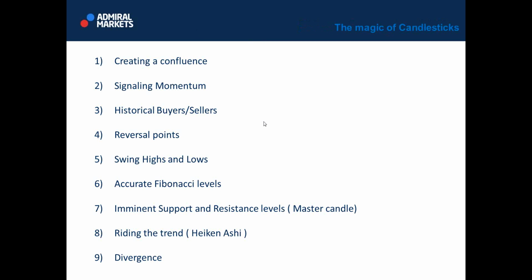Also swing highs and lows. Then accurate Fibonacci levels. Then imminent support and resistance levels, which we call master candle. Then we can ride a trend with it, with Heiken-Ashi. We can use it for divergence, and as I said, a possible entry point. So these are the 9 most important points for using candlestick patterns.